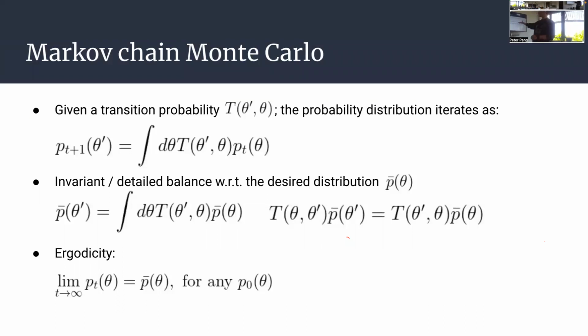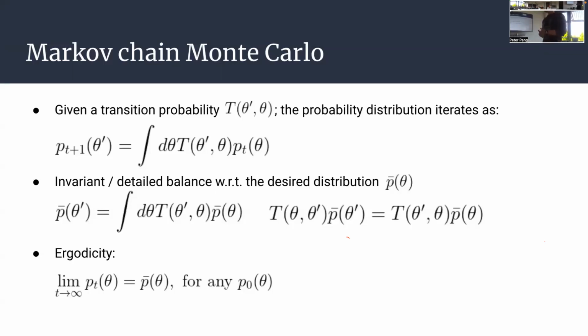More usefully in practice, this takes the form of detailed balance: given the design distribution, the flow from a point theta prime jumping to theta is equal to the flow from theta jumping back to theta prime. That's equilibrium. One point jumps there, one point jumps back here, so nothing changed.